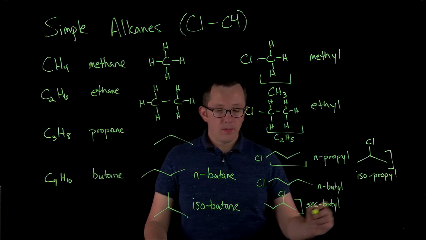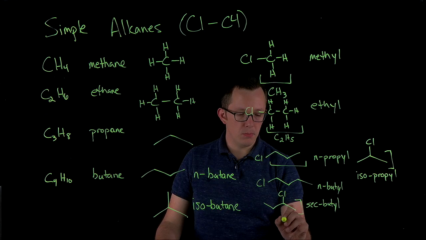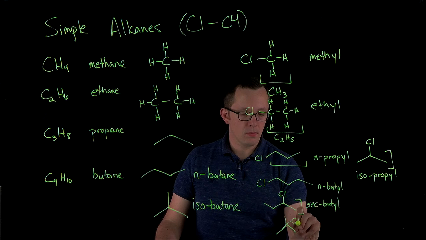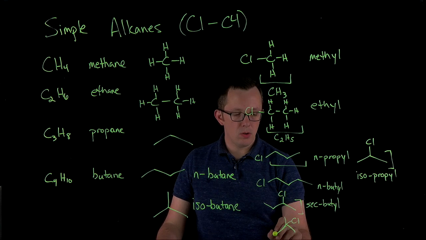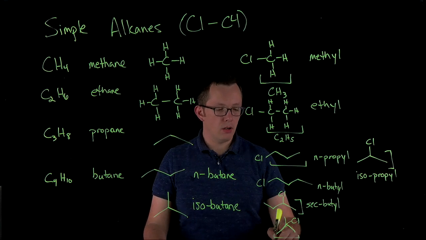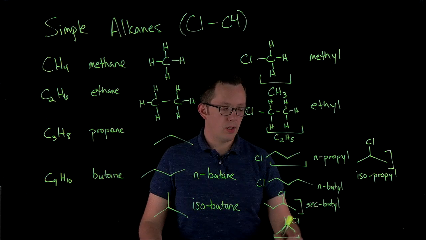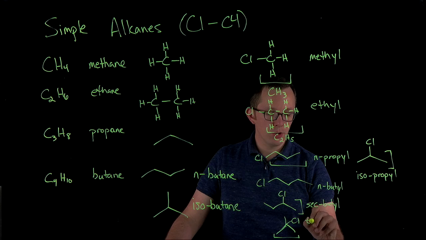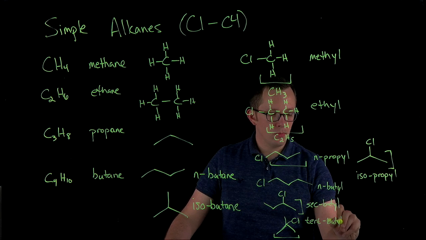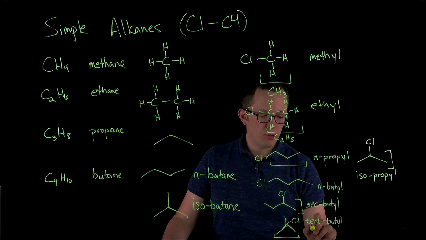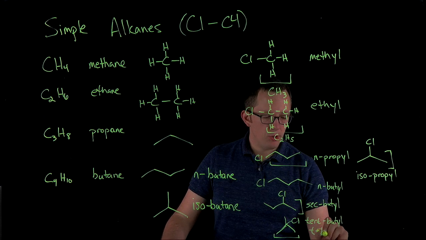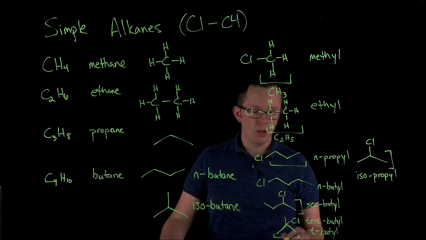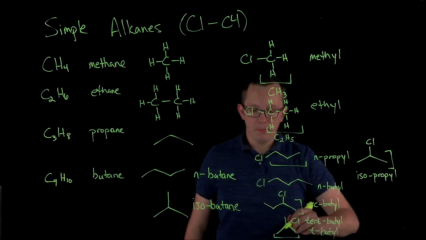So when we put it on the middle carbon, our new substituent that we've created here, we're now going to call this a tertiary butyl group, or a tert-butyl group. And sometimes you'll see this labeled as t-butyl as well, depending on which book you're reading or which website.